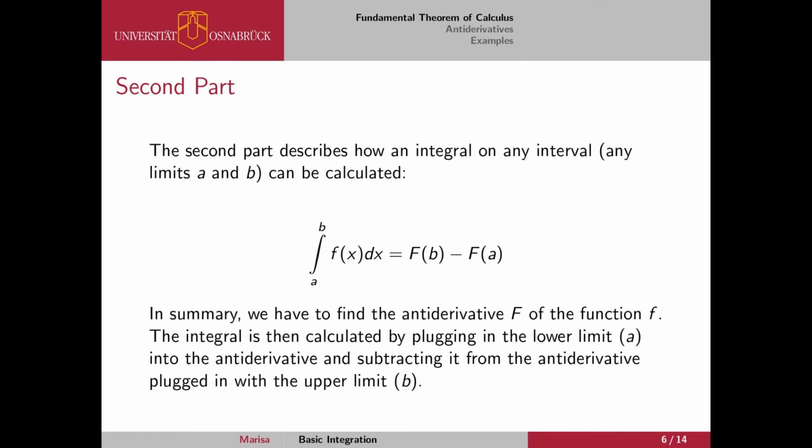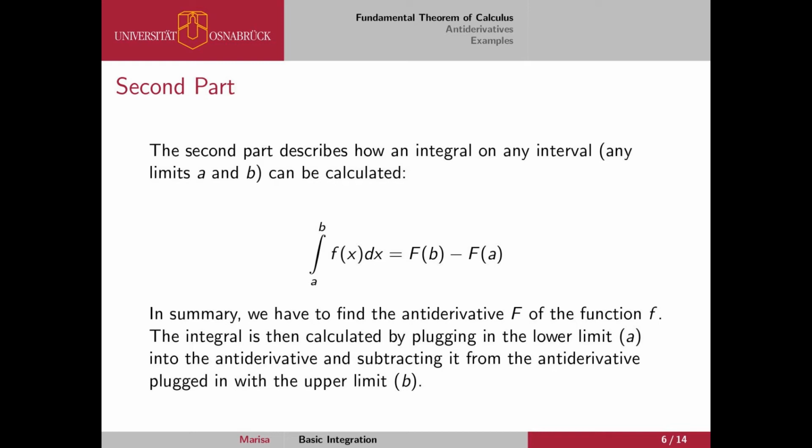The second part of the fundamental theorem of calculus is the one that finally tells us how to calculate integrals. It states that the integral from a to b of f of x dx is equal to capital F of b minus capital F of a. So in other words, it is equal to the antiderivative of b minus the antiderivative of a. So this is the solution to calculating integrals.